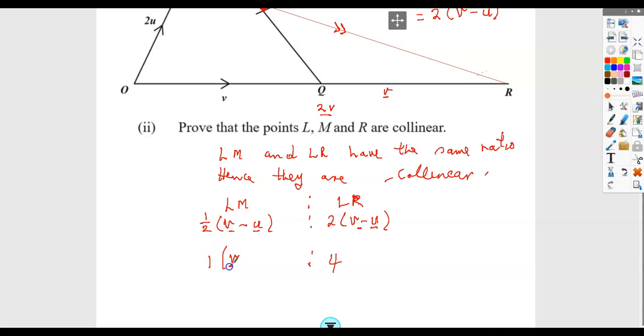Okay, so it's 1 to 4. So the ratio of LM to LR would be 1 to 4, but also you can see that they have the same ratio, so they lie on the same line. So here ends question 10.